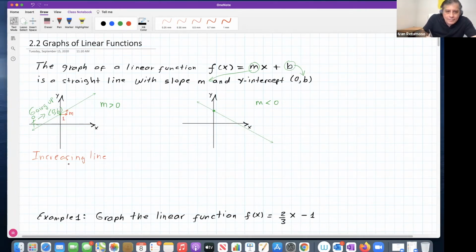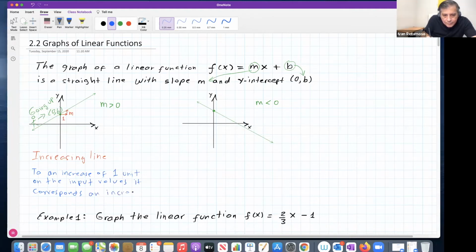But not only that, you can say that to an increase of 1 unit on the input values, it corresponds an increase of m units on the output values.